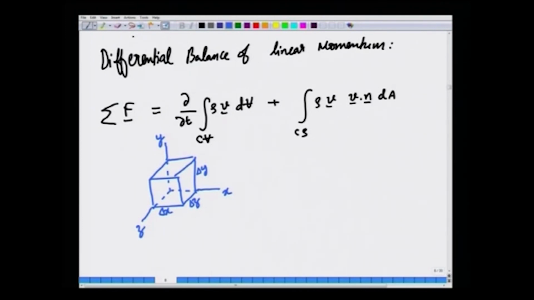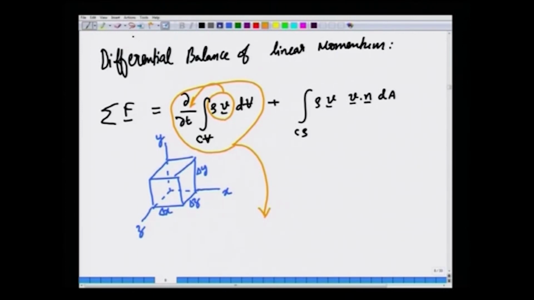Now, as I have mentioned before for mass conservation, the chief simplification that arises out of an infinitesimal control volume is that these integrals can be simplified in the following manner. In the limit as the control volume shrinks to a point, the control volume becomes so small that this quantity rho v can be taken outside the integral, because the domain of integration, the volume integral, is so tiny that you can pull the integrand outside the integral.